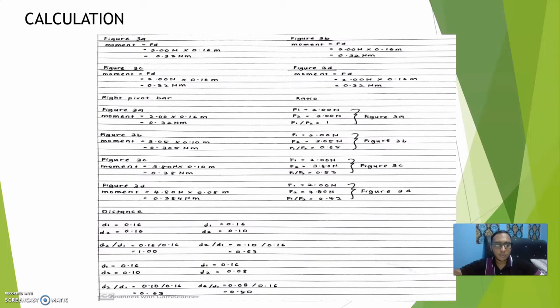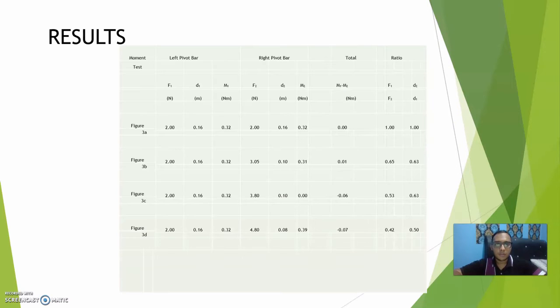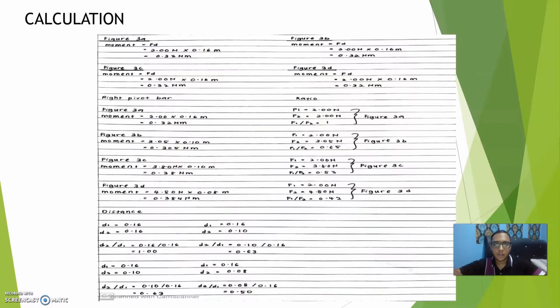The ratios have also been calculated by referring to the table that we derived before, and the distances are also collected from the table. So the calculation has been done using the formulas and the results we obtained from the experiment.